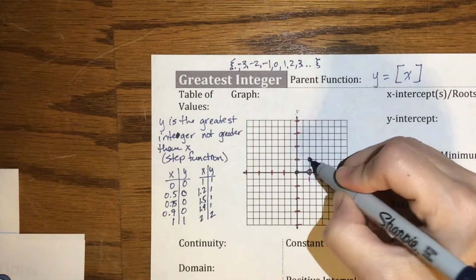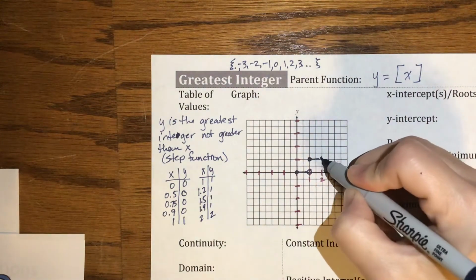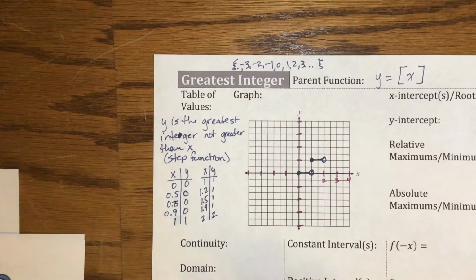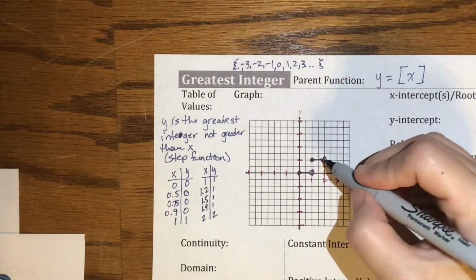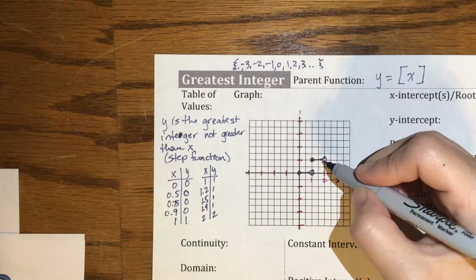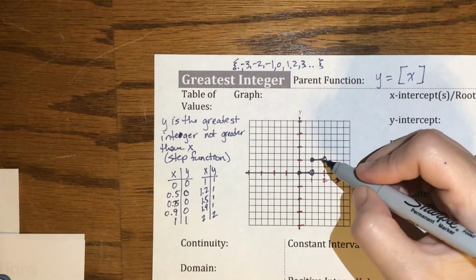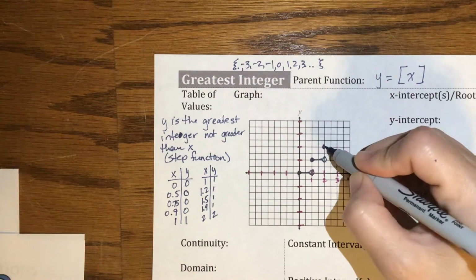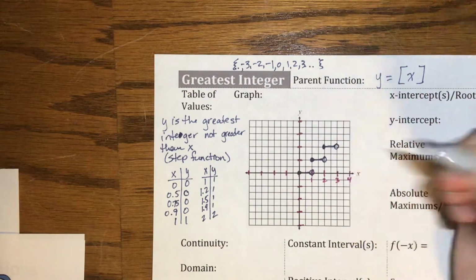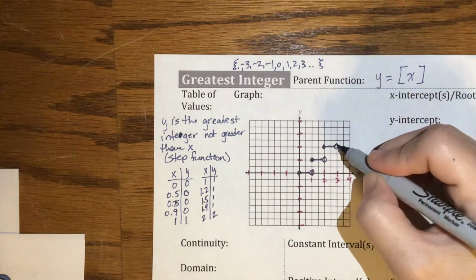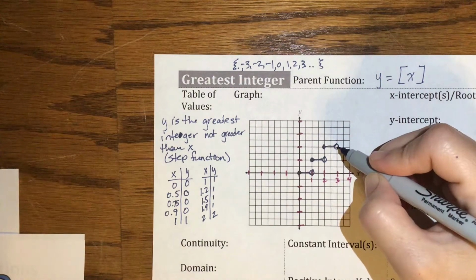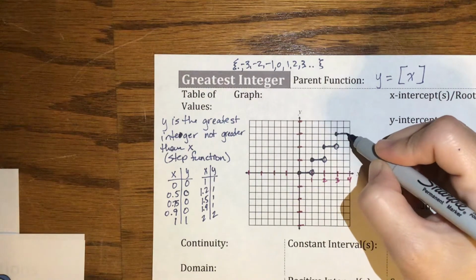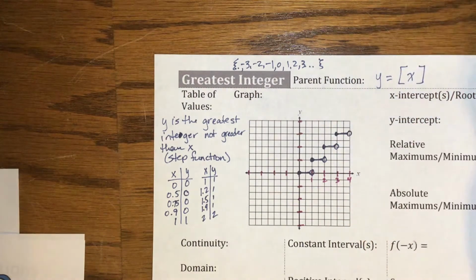So starting at 1 and going to 2, but not including 2, it's going to be 1. The greatest integer not bigger than 1.9 is 1. Then starting at 2 and going to 3, but not including 3, it's going to be 2. Starting at 3, it's going to be 3.